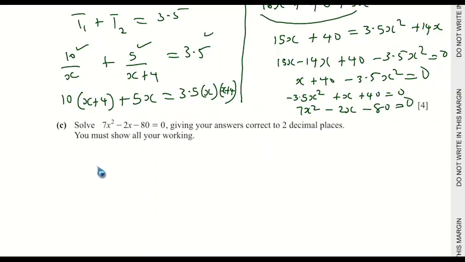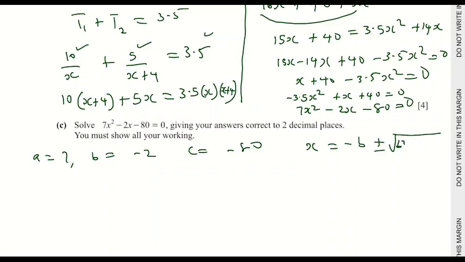So from here, a equals 7, b equals -2, then c equals -80, right? So using this formula, x equals minus b plus or minus square root of b squared minus 4ac, everything over 2a. So you don't have to waste any time here.